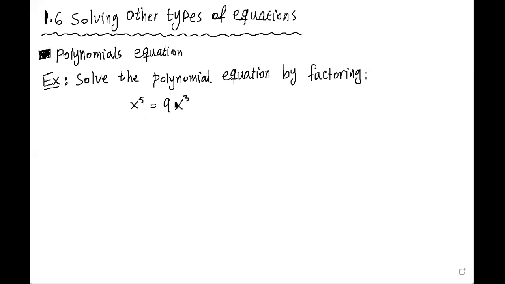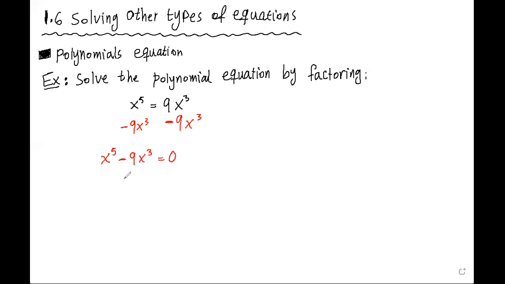So to move the 9x to the power 3 to this side, we have to subtract 9x to the power 3 from both sides. So we're going to get x to the power 5 minus 9x cubed equals 0.